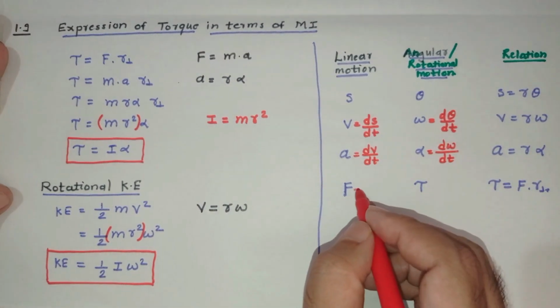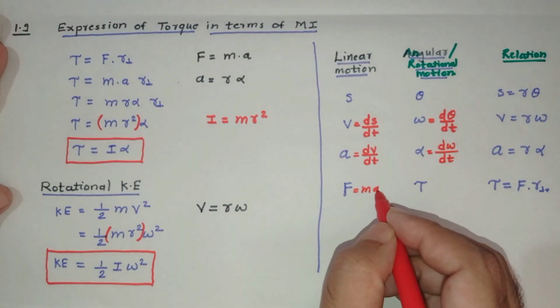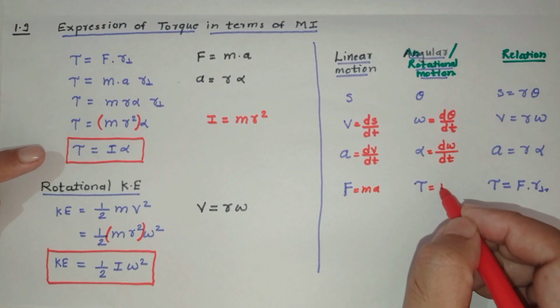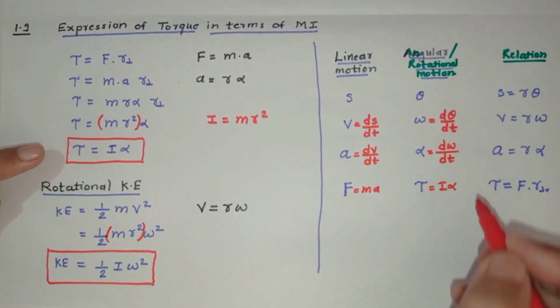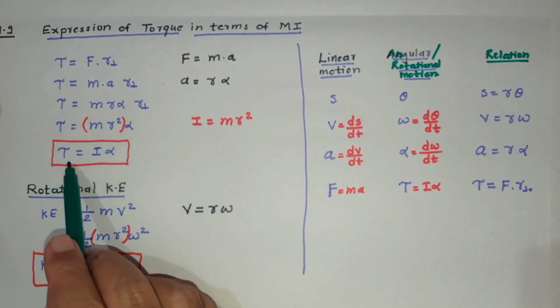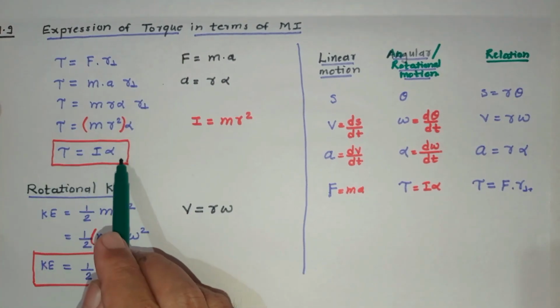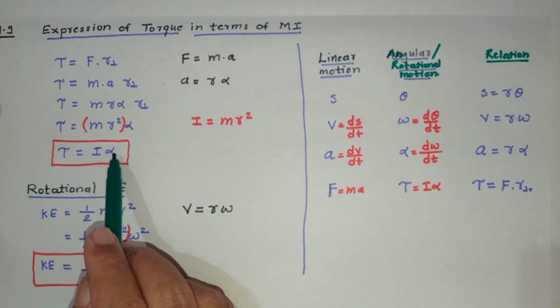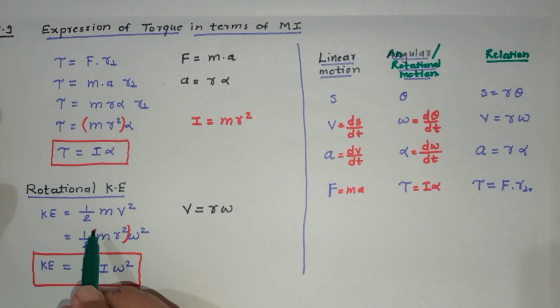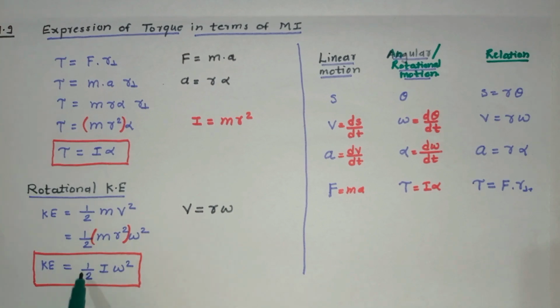Force is mass into acceleration. Tau equal to I into alpha. The relation between torque and moment of inertia is tau equal to I into alpha. I is moment of inertia, alpha is angular acceleration. Similarly, rotational kinetic energy is given by half I omega square.